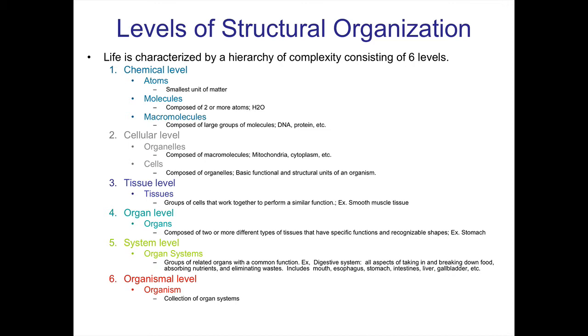An example of a molecule that is essential to life is water. Water is composed of two hydrogens covalently bonded with one oxygen. So atoms come together, form chemical bonds, and form molecules. Now you have different molecules that come together and form bonds such as hydrogen bonds and make bigger molecules.